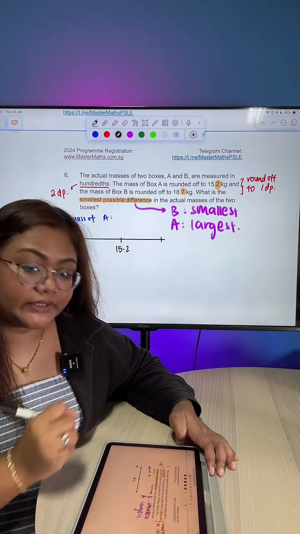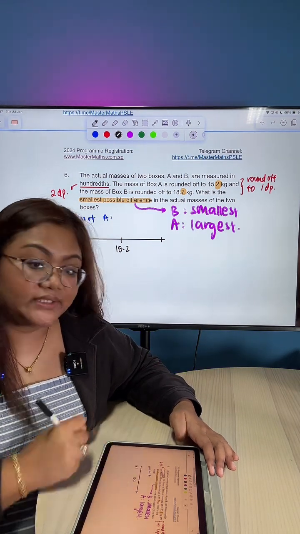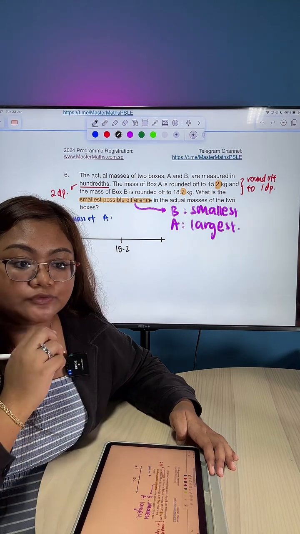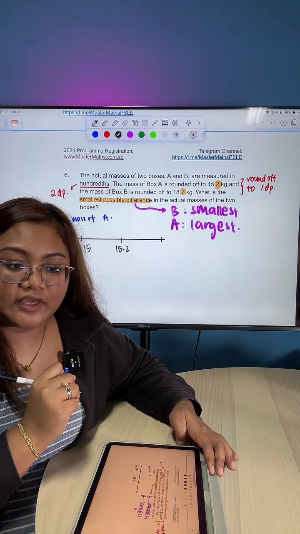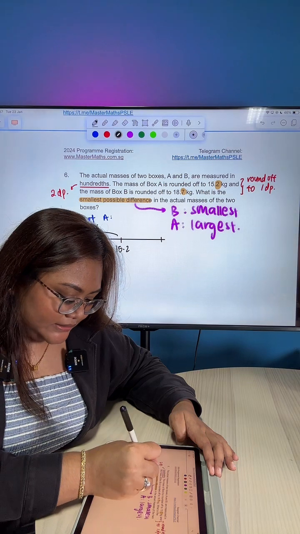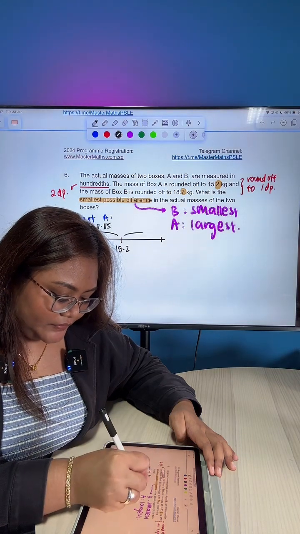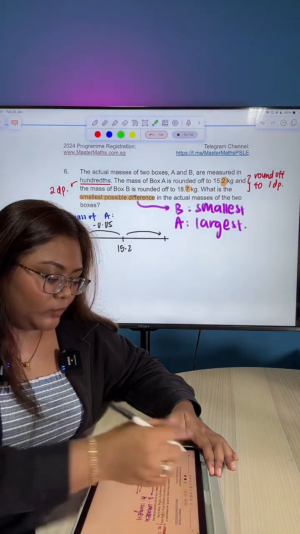It will be 15.1. I need to round this up to 2 dp, so it will be 15.15. Everybody agree? So from here, I just need to subtract 0.05. Okay, the smallest possible for mass of A is 15.15.